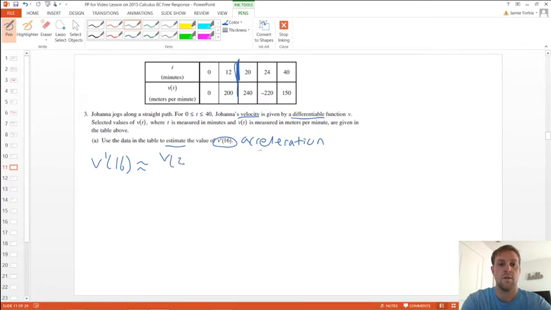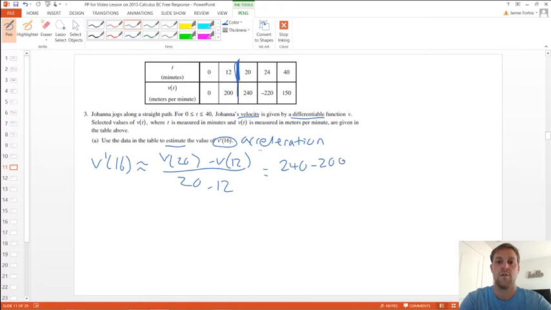So v prime of 16 is approximately equal to v of 20 minus v of 12 over 20 minus 12, which is 240 minus 200 over 20 minus 12, or that's 40 over 8, which is 5.